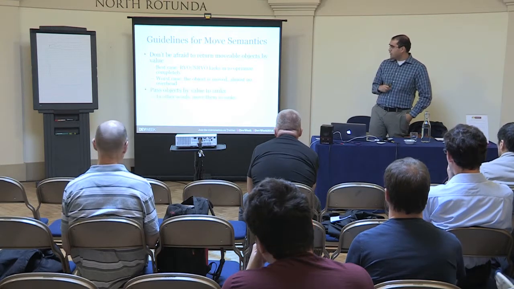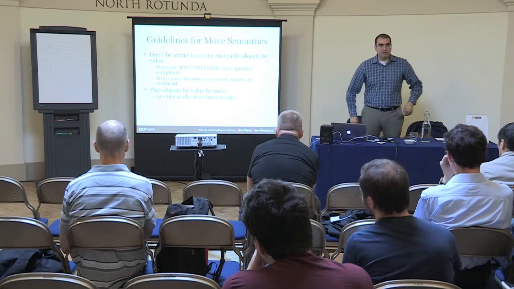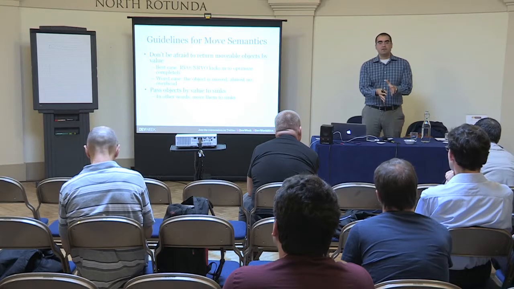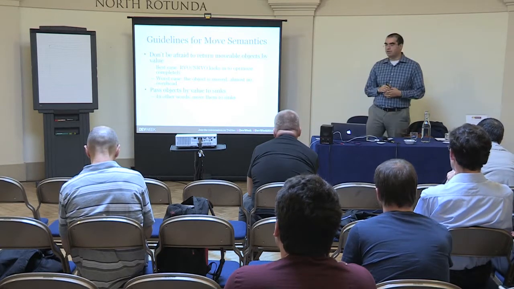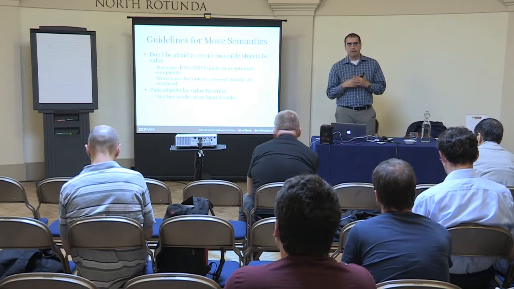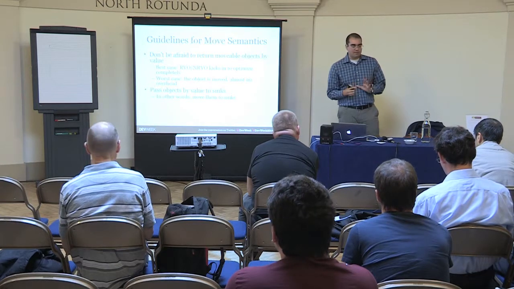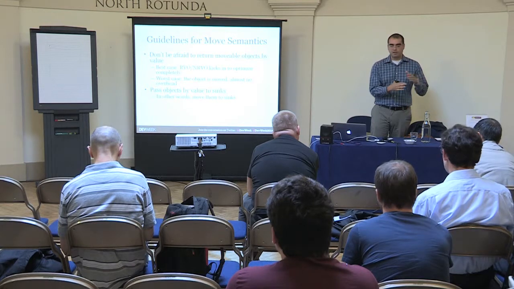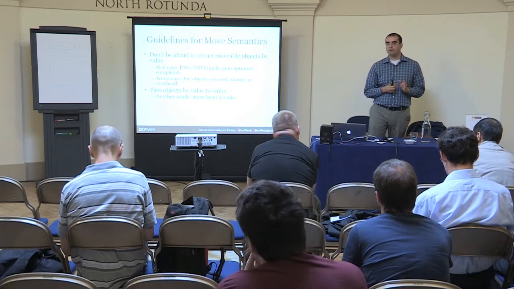The other thing you can do with move semantics is pass objects by value to their final destination, which I call a sink in this slide. So a sink basically is the final destination of an object, which will take ownership of that object, and it's not going to go anywhere from there.